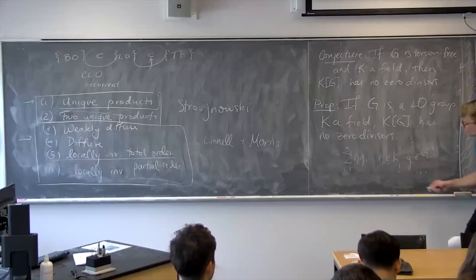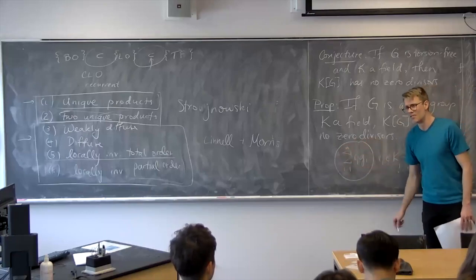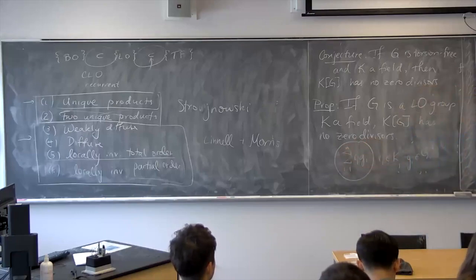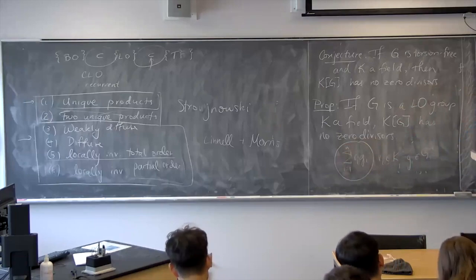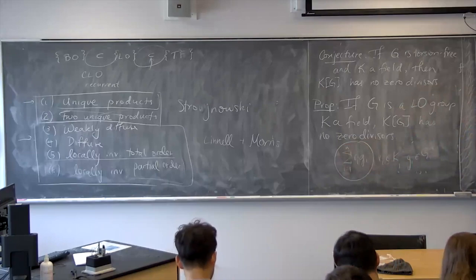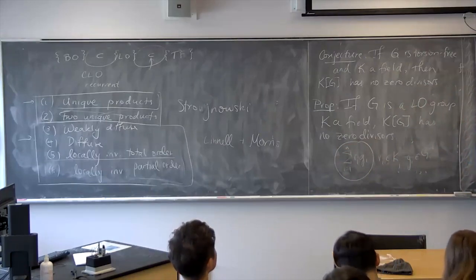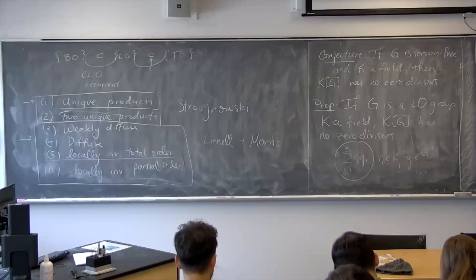So now what I want to do is take two elements of this form that are not zero themselves and multiply them together. So let's do it. Here's how the proof of this proposition would go. So consider the product: the sum of r_i g_i, i equals 1 to n, times the sum of s_j h_j, j equals 1 to m.